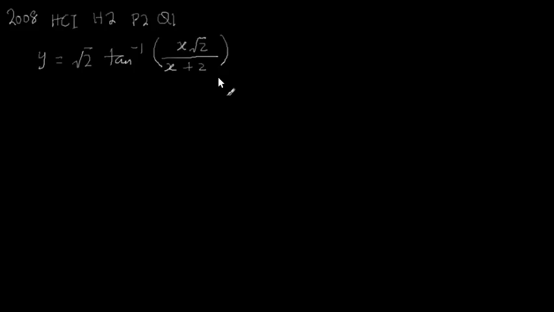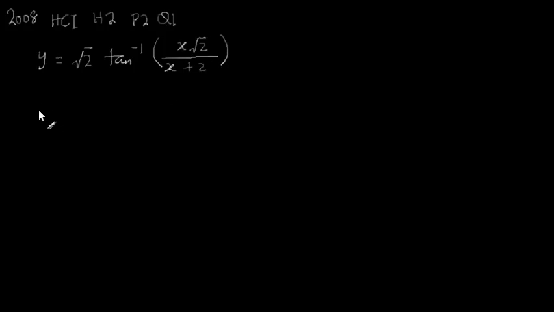But it's not just x. The argument is actually a function of x. So that means we must use the chain rule to differentiate the argument after we have differentiated with respect to the whole thing.